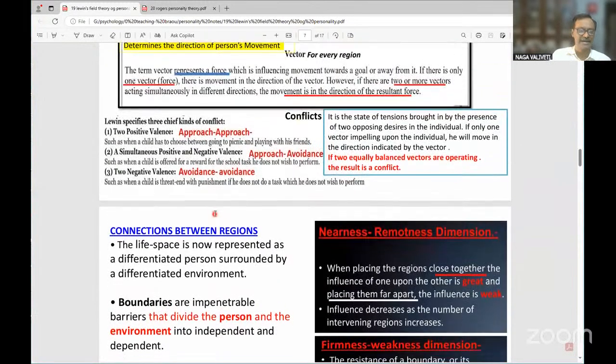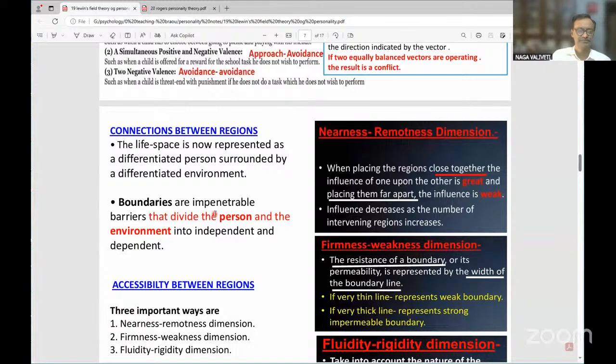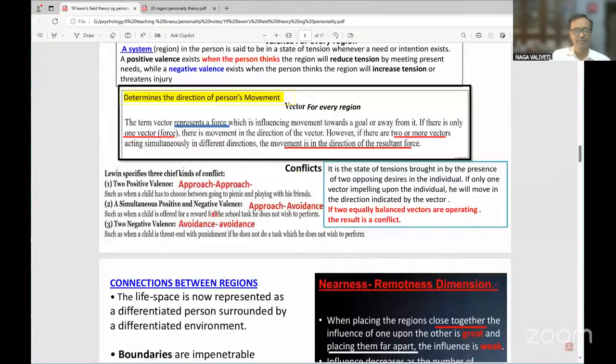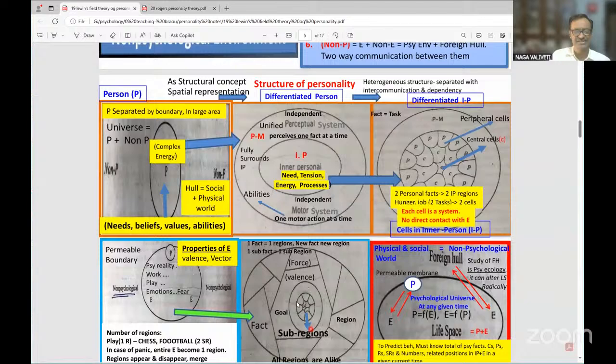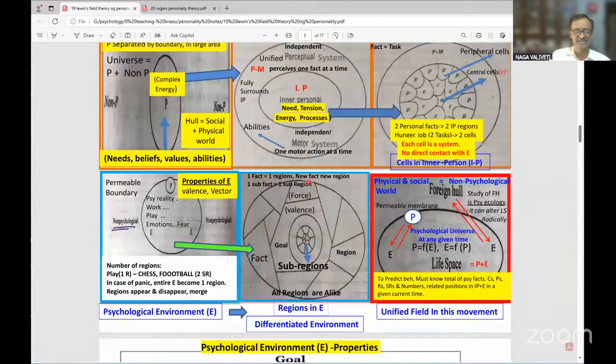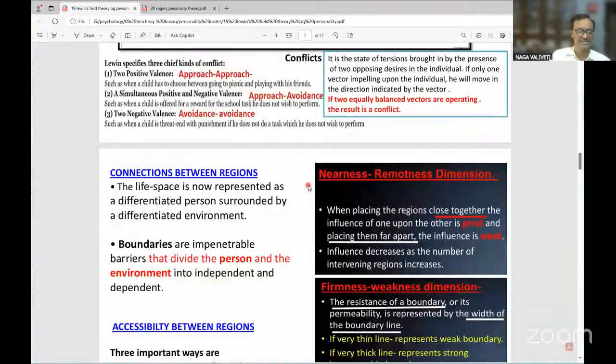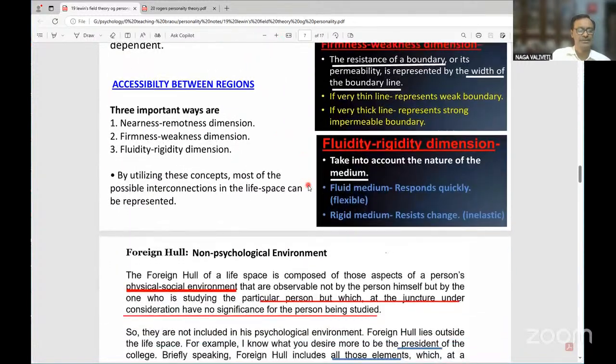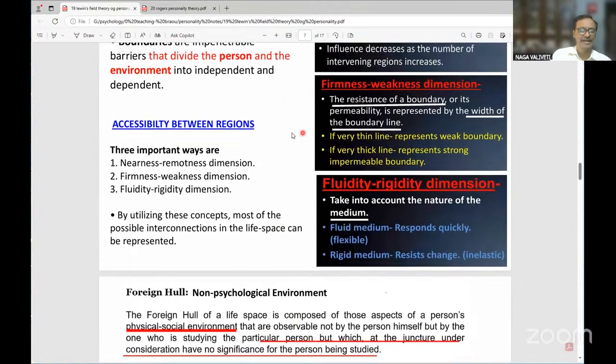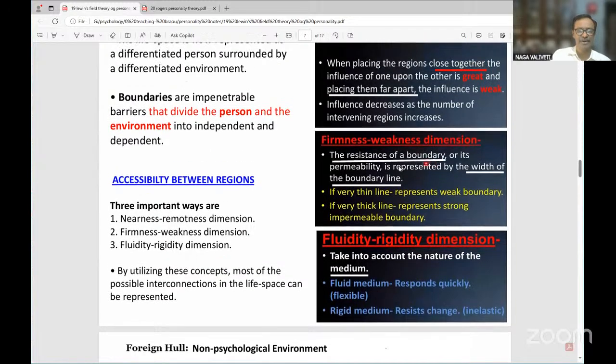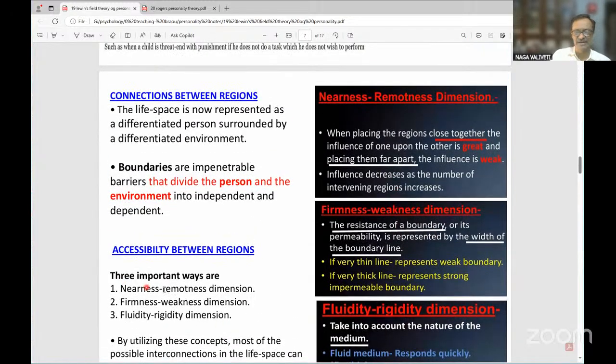Depending on that, connectivity will be established. So depending on those boundaries, we are differentiating regions and subregions, or the peripheral and central cells, not subcells, sorry. So here, in these regions, there are three important things we have to consider: the nearness and remoteness dimension.